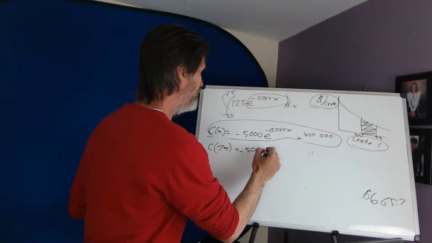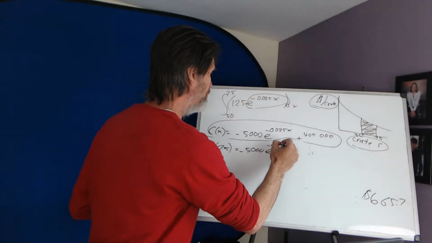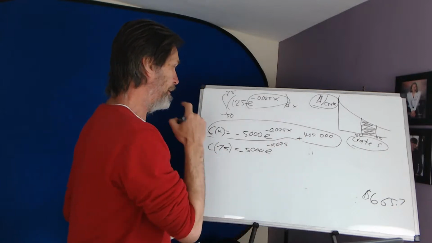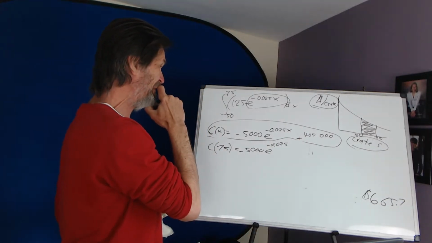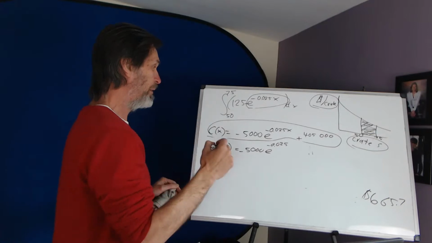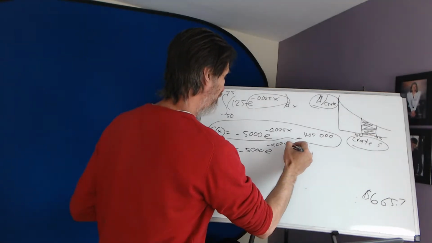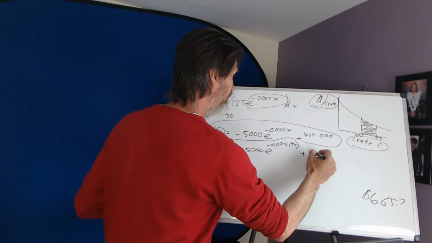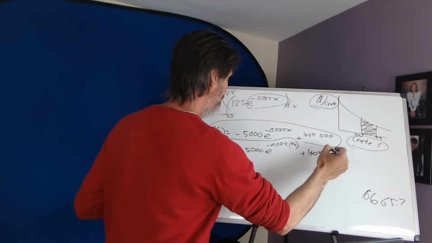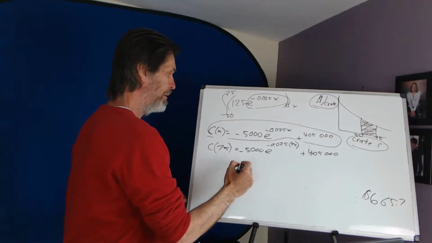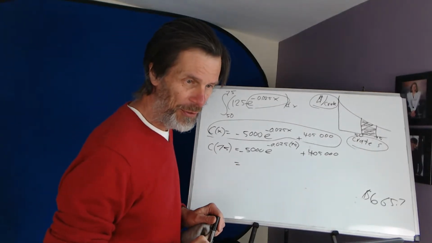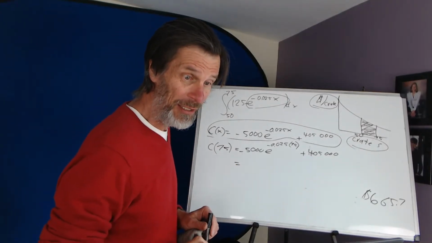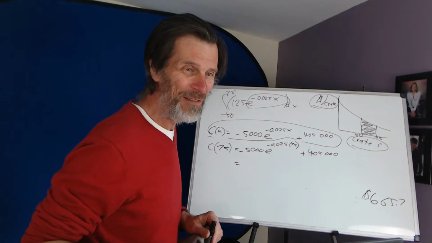Negative 5,000 e to the negative 0.025 times 75 plus 405,000. Someone tell me what that is, if you'd be so kind. And I think that's it, isn't it? Oh, I thought there was another part.